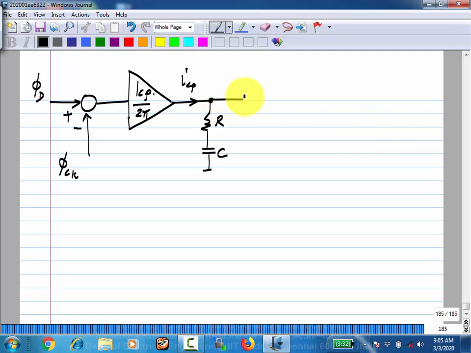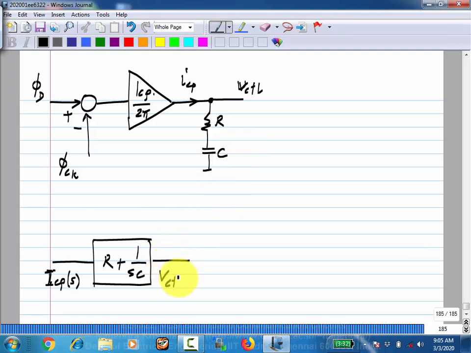Okay, and here you get the incremental control voltage. Now, if you want to represent this as a transfer function, you would put ICP of S as an input, and the impedance of the series branch will multiply ICP, and you get V control of S in the S domain as the output. Okay.